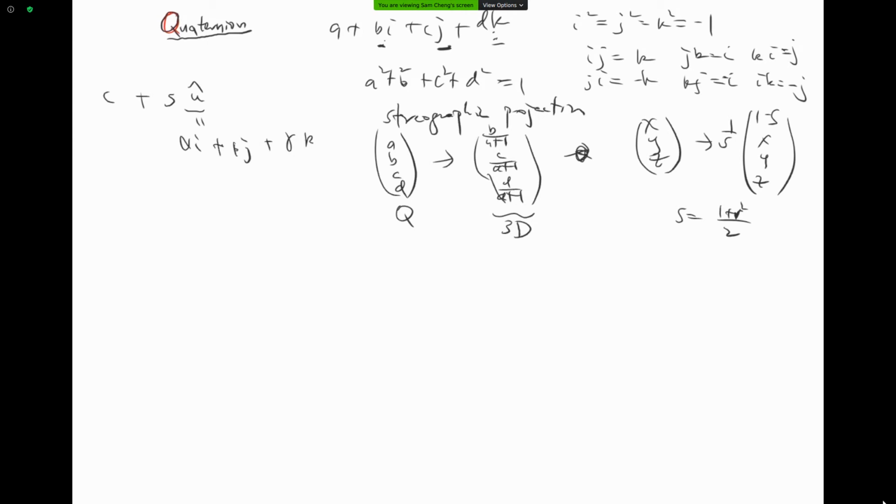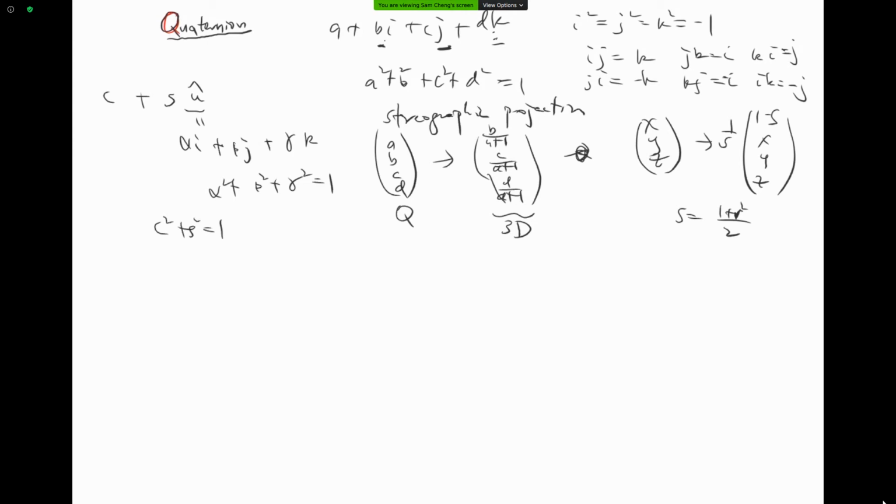And this U is a unit vector, so it's normalized. So I have alpha squared plus beta squared plus gamma squared is equal to 1. And also, this is a unit quaternion, so therefore C and S are normalized as well. So therefore I have C squared plus S squared is equal to 1.